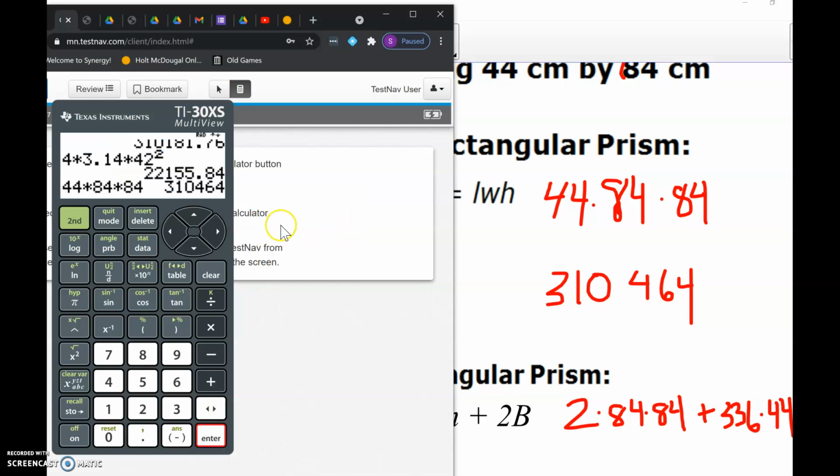Now I'm doing the surface area of the rectangular prism. I'm putting parentheses in there just to make sure that my calculator does that separately.